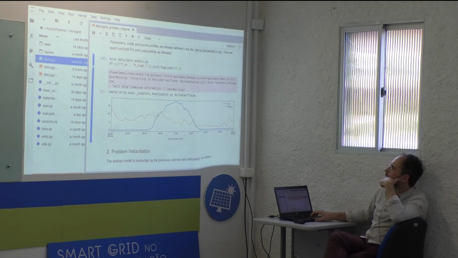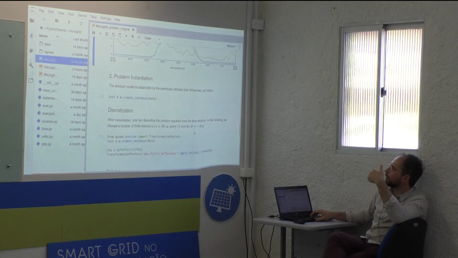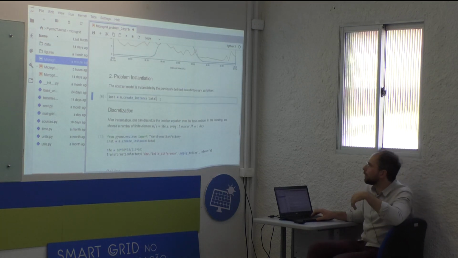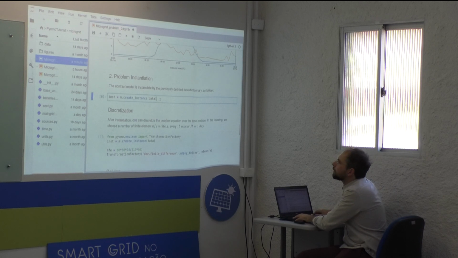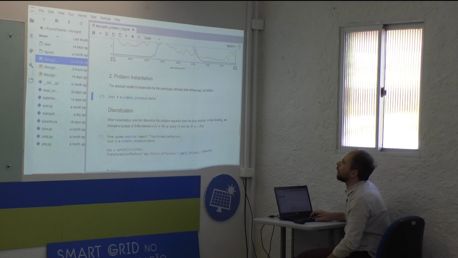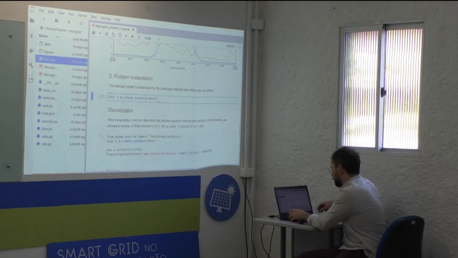We can recognize here a PV, a solar system generation, because of a curve like that. So I created my data, loaded my data. I can create an instance of my problem using those data. So my model, I create an instance using the data. That's quite straightforward.